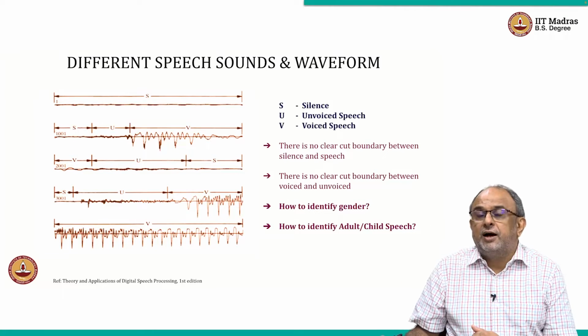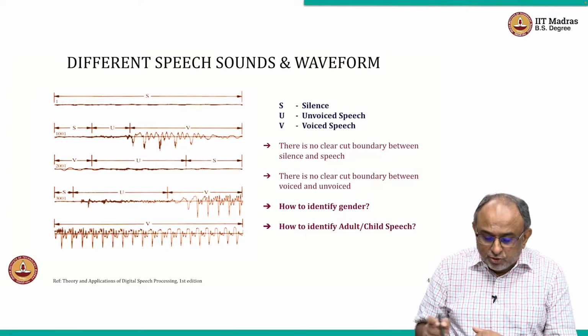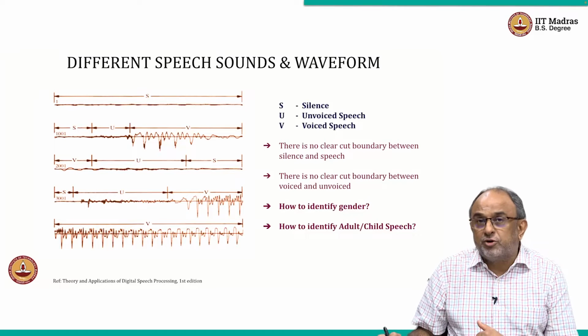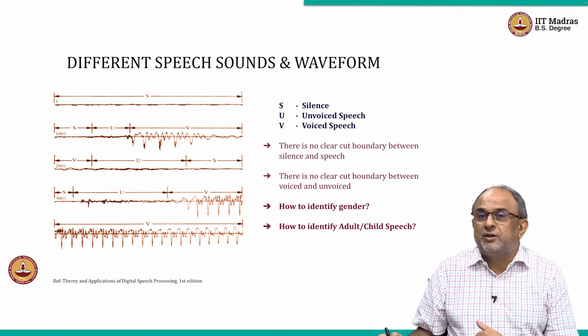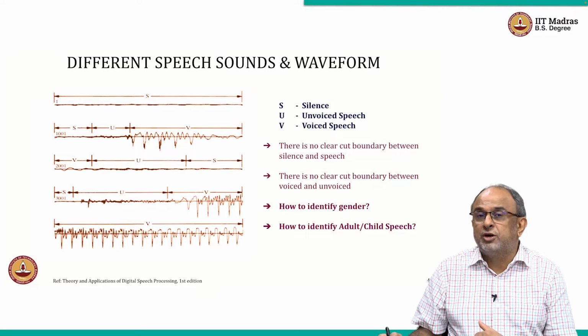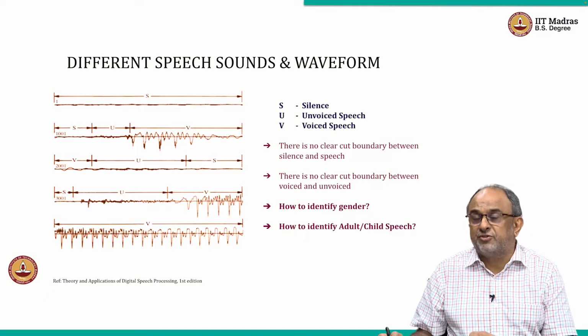And children are about 400 hertz. So just by looking at the spacing between these peaks, I can find out pretty reliably whether the person speaking is a man, a woman or a child. On an average, you will get 98-99% accurate results most of the time.